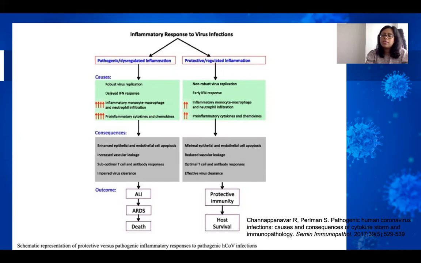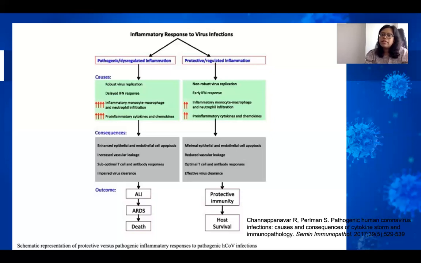In all that fighting off the virus, there's minimal damage to the surrounding epithelial and endothelial tissue. There's reduced vascular leakage in the lung. There's optimal T cell and antibody responses and effective viral clearance. And the patient has protective immunity and the host survives.